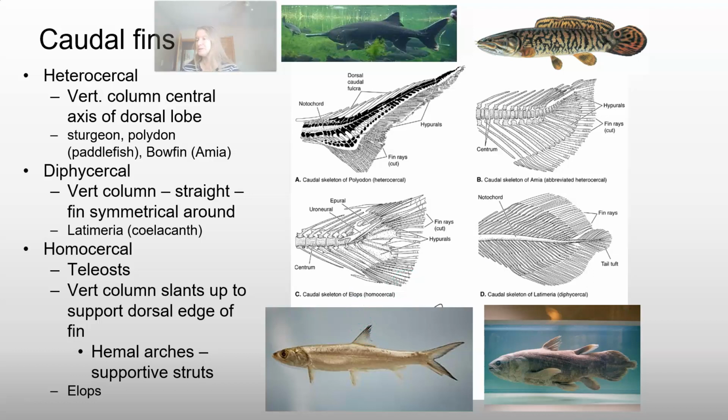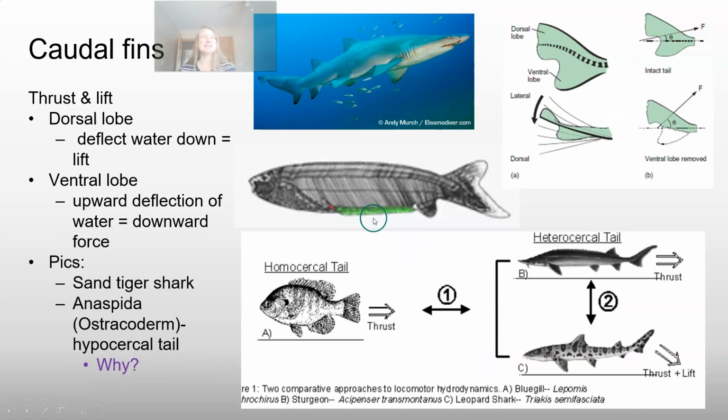Okay, so why in the world am I talking about this, right? Well, it has to do with function. So the tail is helping with thrust and lift. All right. So if we think about this, if we see this shark swing around and we have this heterocercal tail, the dorsal lobe is deflecting water down, producing lift, okay?